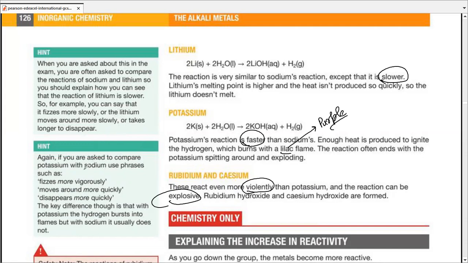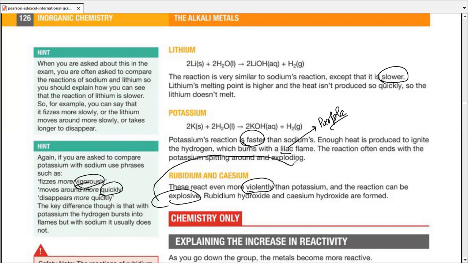Again, if you're asked to compare potassium with sodium, use phrases such as fizzes more vigorously. There is another adjective he's using, or moves around more quickly, or disappears more quickly. So slower, normal, faster, vigorous, quick, violent, explosive. There are many words which you can use to your advantage comparing two metals and their reactions.